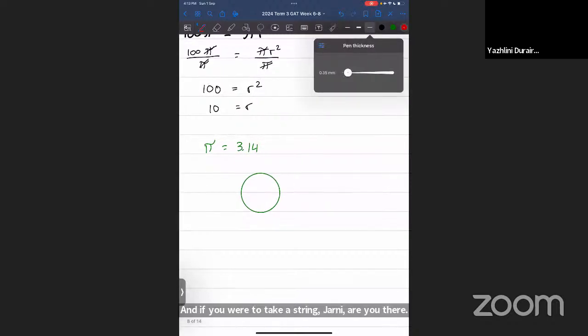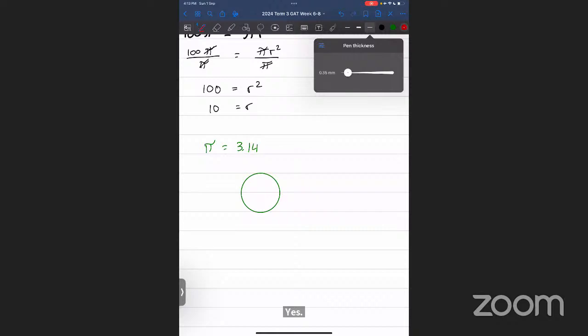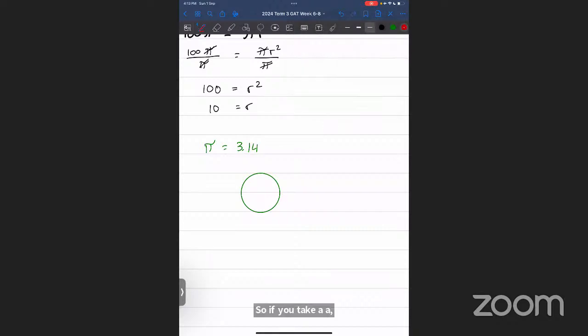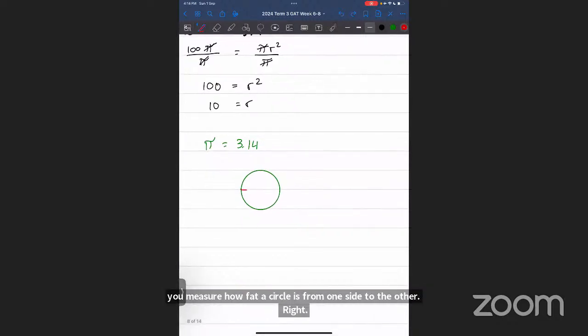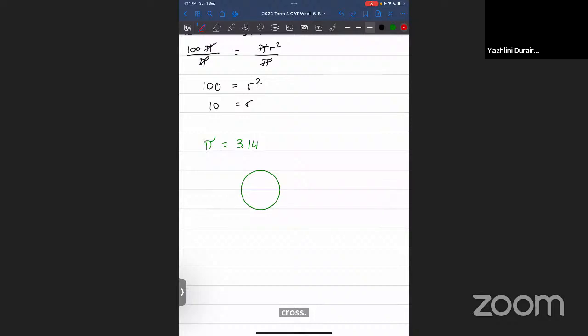Yes. So if you take a circle and you take a string and you measure how fat a circle is, from one side to the other, right? Do you see this, Yarni? Yes.